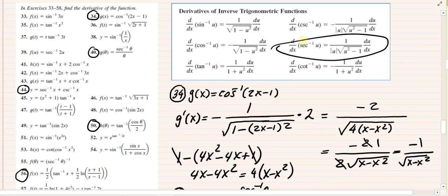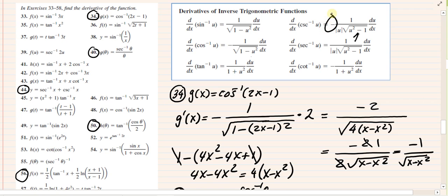It's almost like sine. You see that? Actually, sorry, u squared minus 1. Look at the one above it. They're swapped out: for sine and cosine it's 1 minus u squared, for secant and cosecant it's u squared minus 1. And then there's this absolute value of u in the denominator.